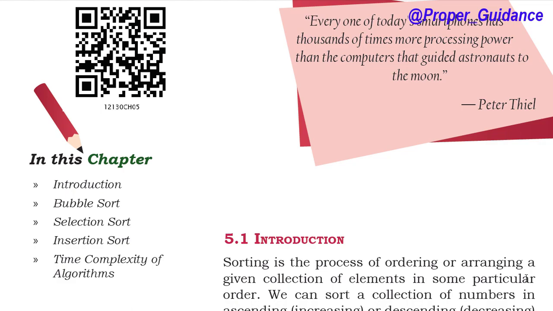This is a very important chapter and all these techniques are very useful in programming, especially for data structure concepts. And these are the sorting techniques, the process of arranging a given collection of elements in some particular order.